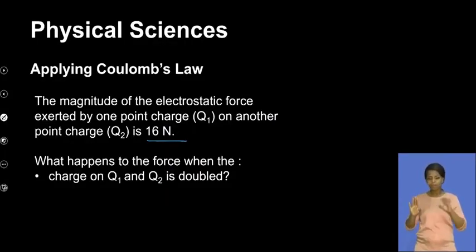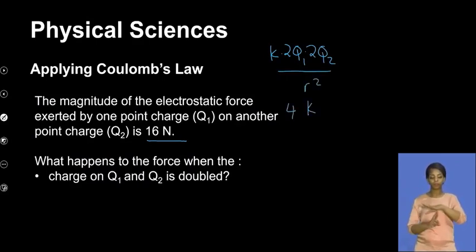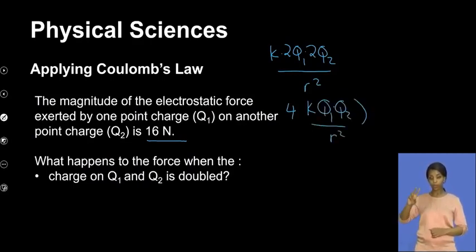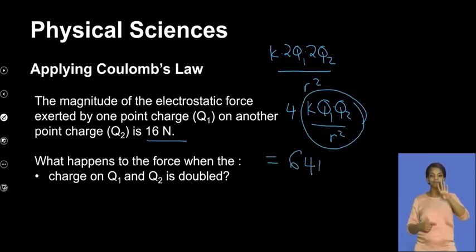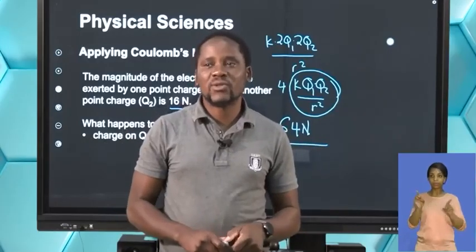In this case, we have K, 2Q1, we've doubled Q1, 2Q2, we've doubled both charges, and kept the distance the same. So this is like 4K Q1 Q2 over R squared. We know that this is our 16, so the new force will be 16 multiplied by 4, which is 64 newtons. So as the product increases, so does the magnitude of the electrostatic force.